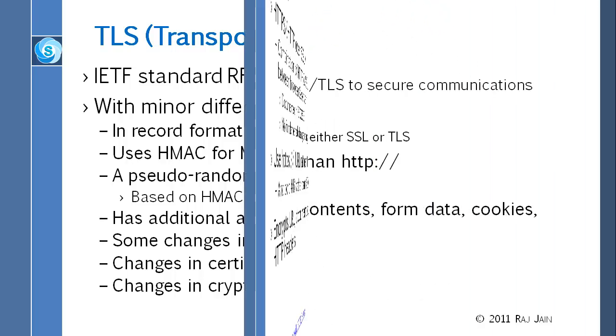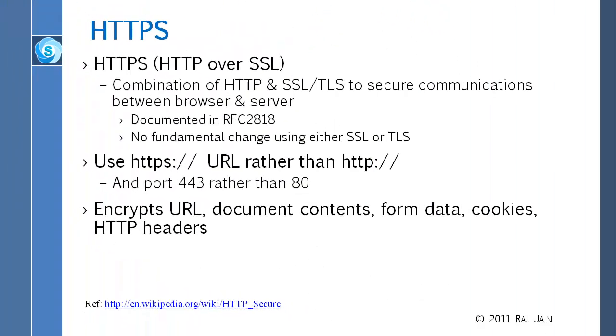All right, and then we come to HTTPS, which we have already talked about everything that we need to talk about, because HTTPS is nothing but HTTP over SSL, and that means that you basically do whatever we talked about, and the main change is that now you use the port number 443 rather than 80.